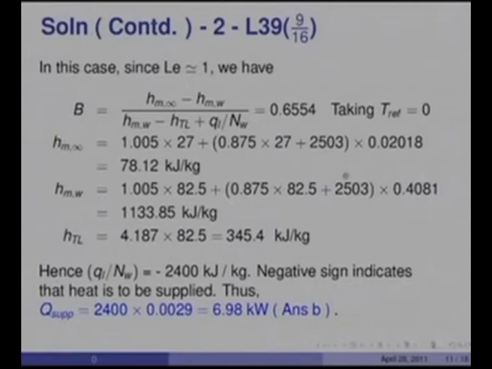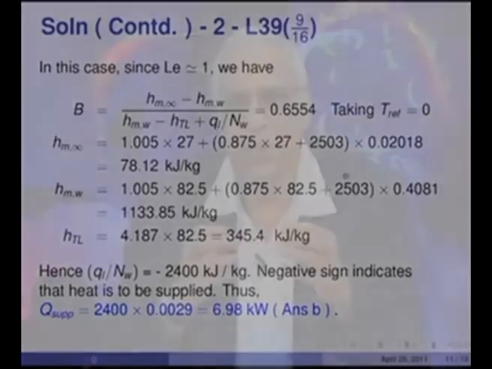Therefore, Q supplied will be simply m_w, which was 0.0029, into 2400, will give me 6.98 kilowatts. So, for this plate of 0.33 meters by 1 meter, we will need to supply about 7 kilowatts of heat to maintain it at 82.5 degrees centigrade, which is the process requirement.